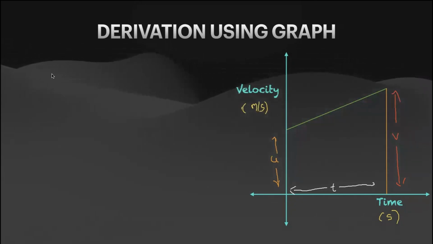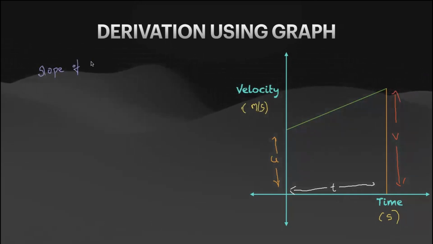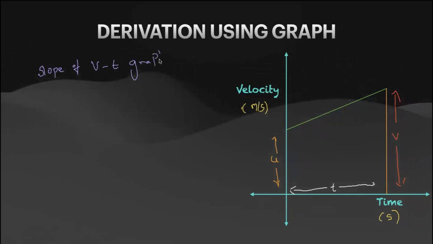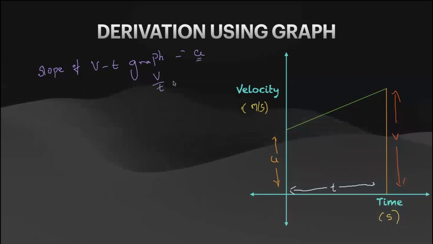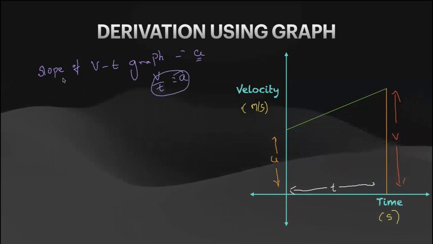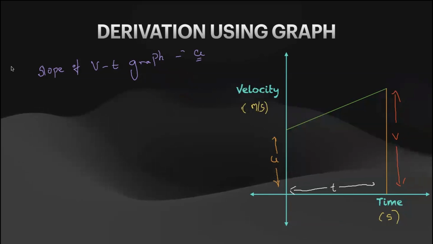What does the slope of the velocity time graph give? It gives acceleration. Remember, v by t is the slope. So v by t is nothing but acceleration. Correct. So the slope of the velocity time graph gives you acceleration.